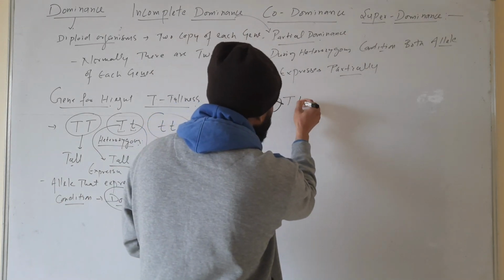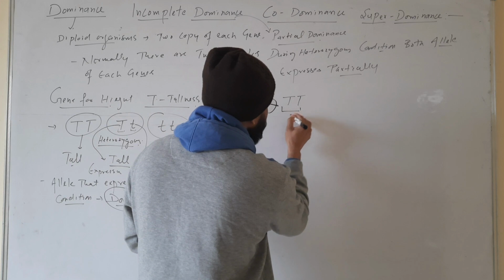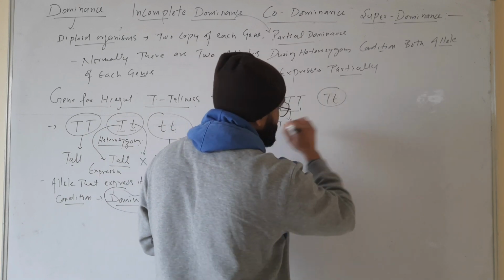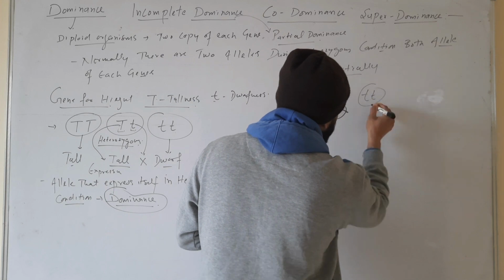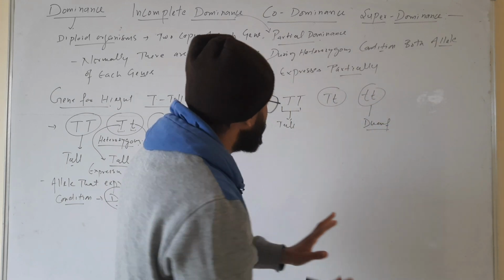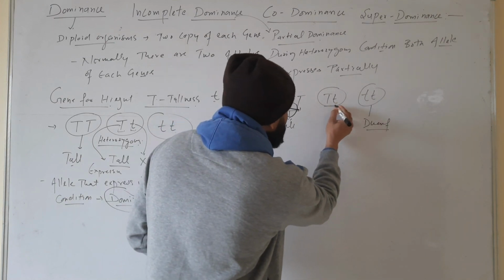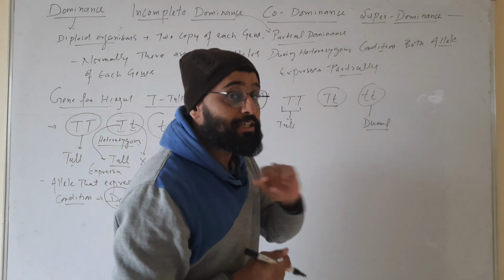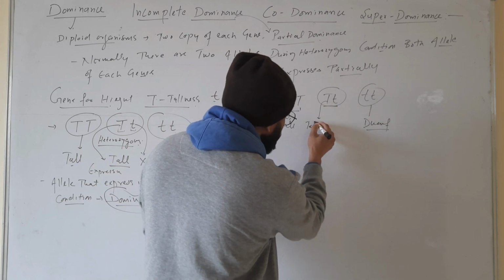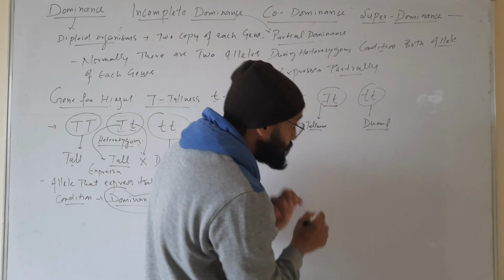Suppose capital T is there, and we know that it is a tall plant. Small t small t is dwarf. I am taking a hypothetical example. Suppose both these copies are expressing partially. One causes tallness, but it is not fully expressing.